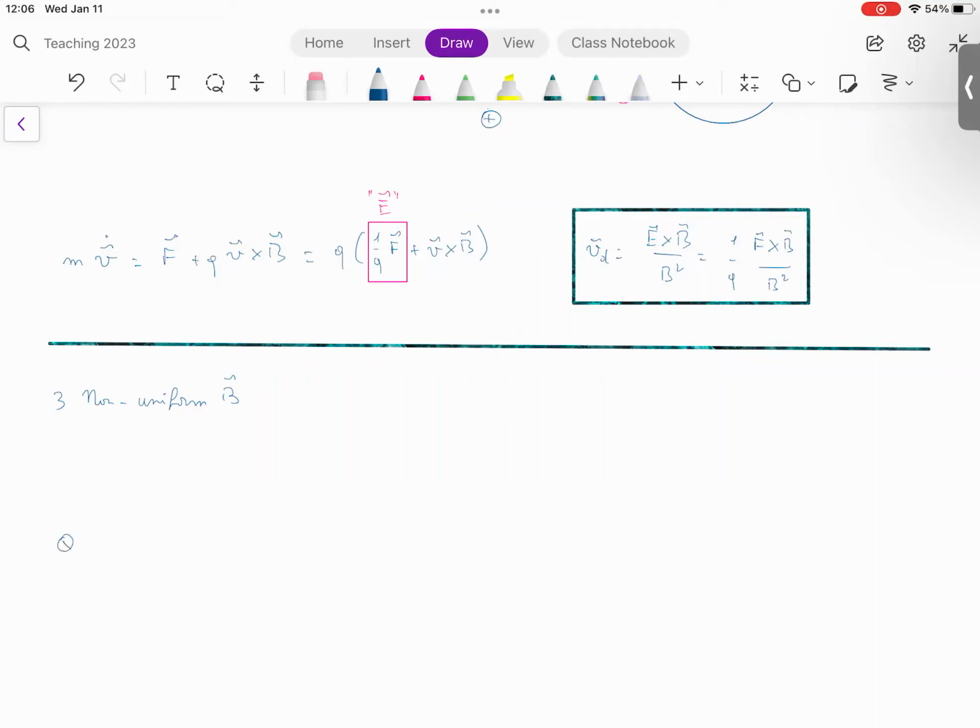Okay, first thing, I'm going to assume again that the magnetic field is into the page or the screen. And now I'm going to assume that the gradient of B points this way, where by gradient of B, I mean the gradient of the magnitude of B, or the absolute value of B. So B is getting bigger as I move up in my screen page.